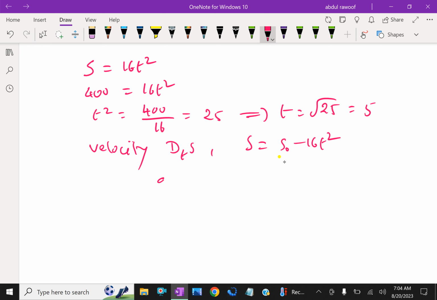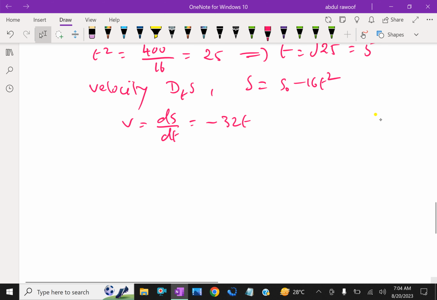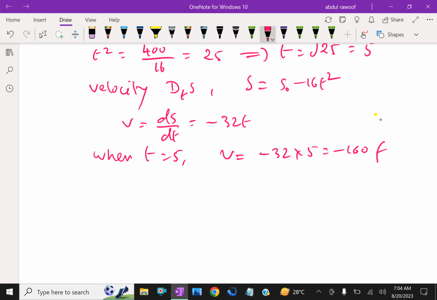That is ds by dt, that is velocity, equal to, differentiating this, s0 minus 16 t squared is minus 32 t. When t equals 5 seconds, then v equals minus 32 into 5, minus 160 feet per second.